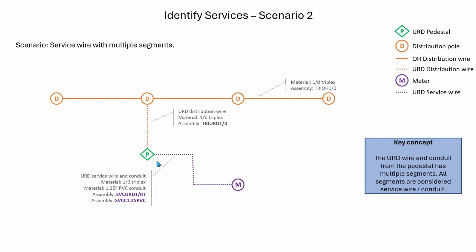The key being that this is the last pedestal or structure that's involved before we get to the wire that feeds directly into the customer. So regardless of the number of segments involved, since there are no other structures in between this pedestal and meter, this all ends up being considered to be services wire and conduit if there's also conduit.